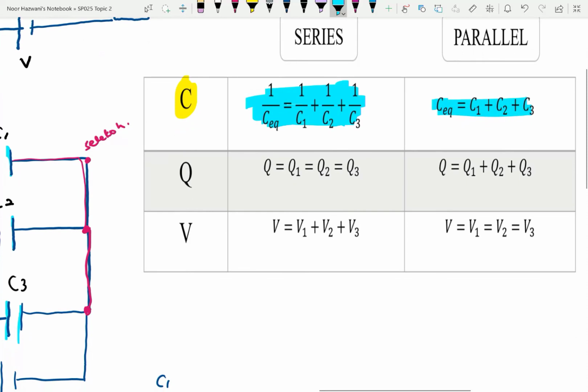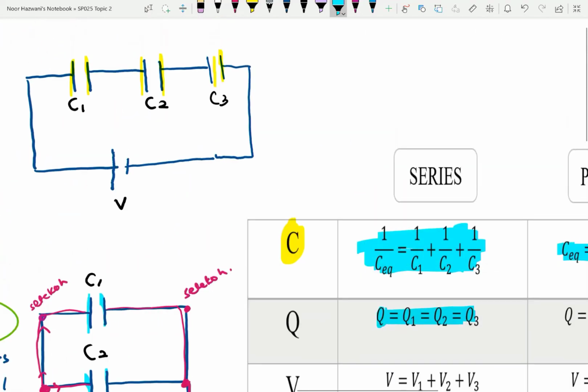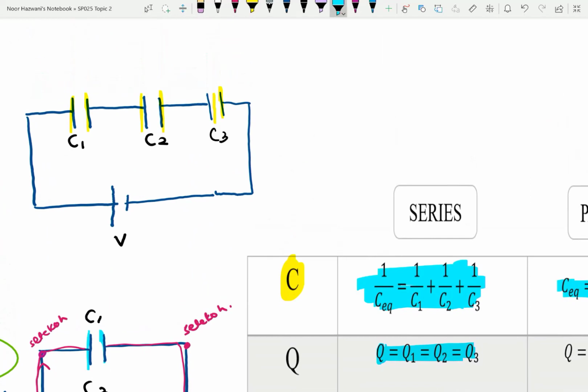Okay, kalau untuk resistor, I akan sama untuk series, tetapi untuk capacitance, okay, Q yang akan sama di mana-mana. Okay, contohnya, macam ni lah kan. Kat sini mesti akan ada Q1. Okay, kat sini akan ada Q1, Q2, Q3.